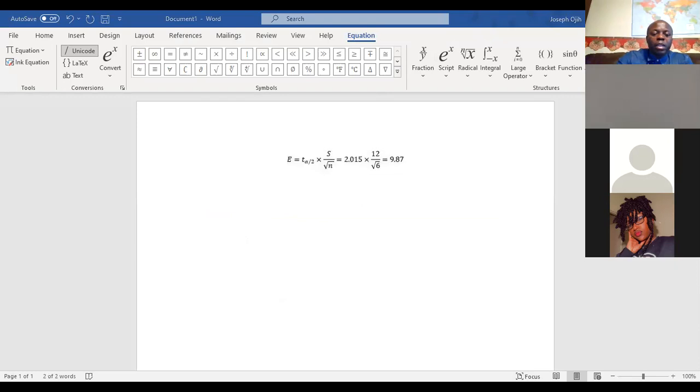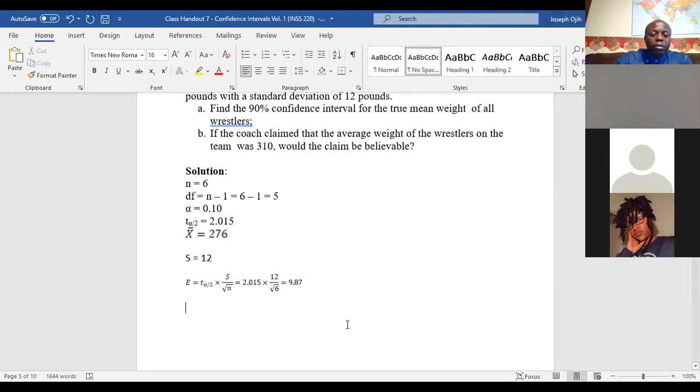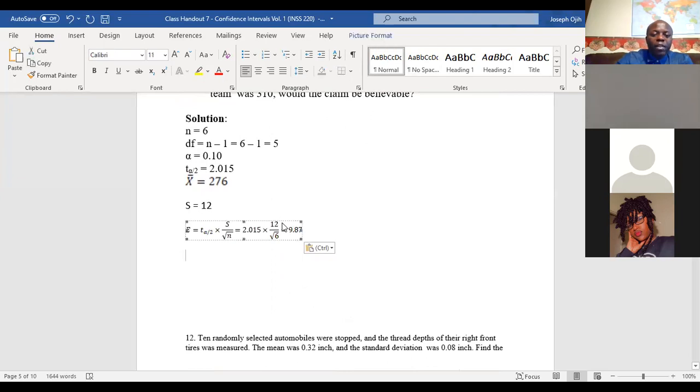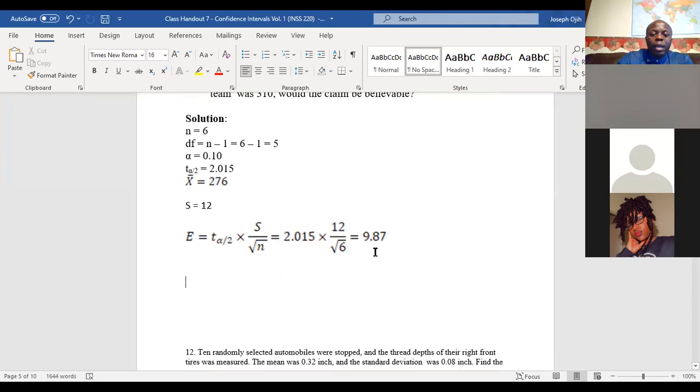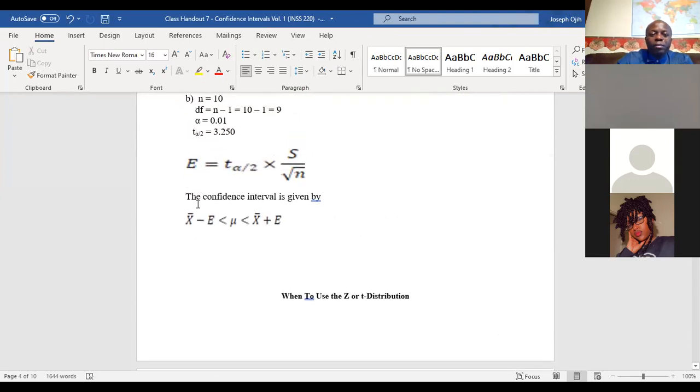I'm going to take you to the main workbook and put this work that we just did in. With this, we have our error margin as 9.87, and we can now find the confidence interval.